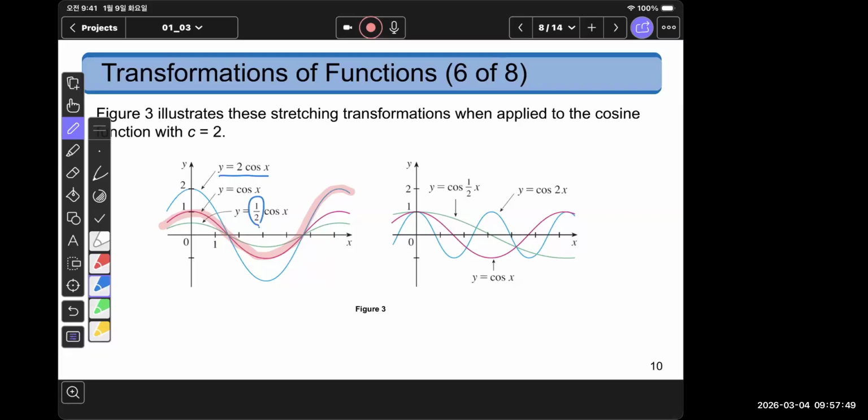And if you consider cosine half x, then you need to stretch horizontally. And if you consider cosine 2x, you need to consider the horizontal shrink.